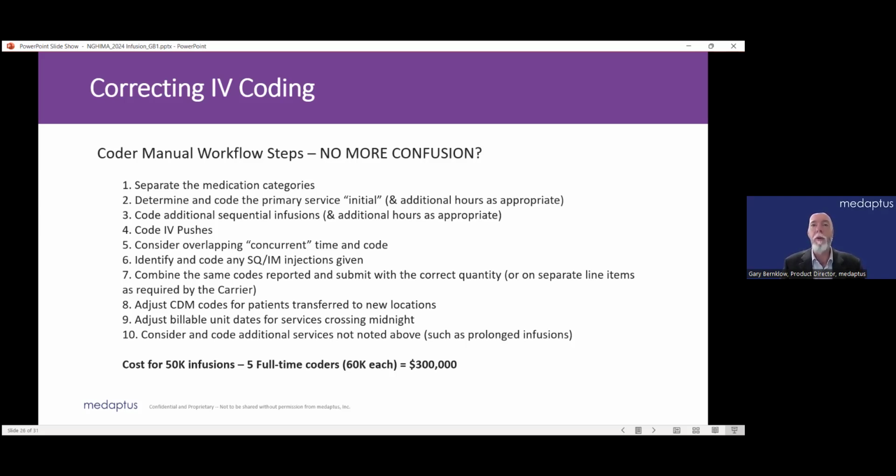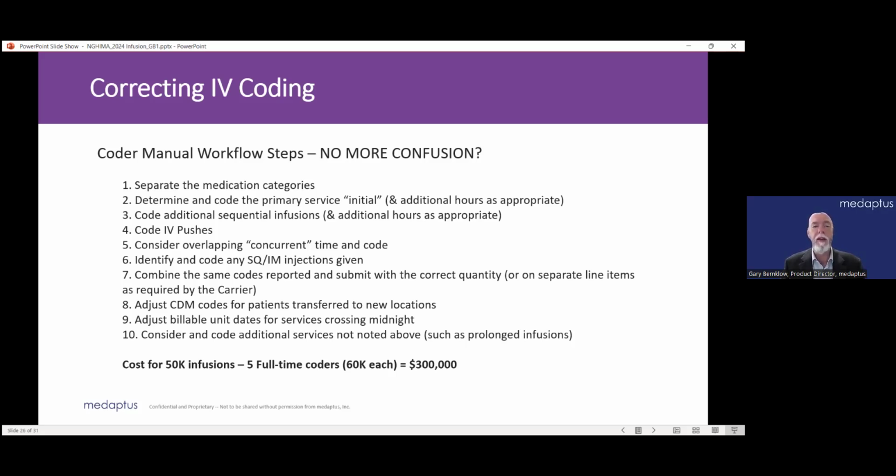You have to code the IV pushes that were given. You have to consider all the overlapping or concurrent time and code those appropriately. You have to identify and code any sub-Qs or IMs or outlier scenarios like a CADD pump or something like that that were also given to the patient. Then you have to combine all the same codes you just created and report and submit with the correct quantity of those units, or on separate line items if that's what's required by the carrier.